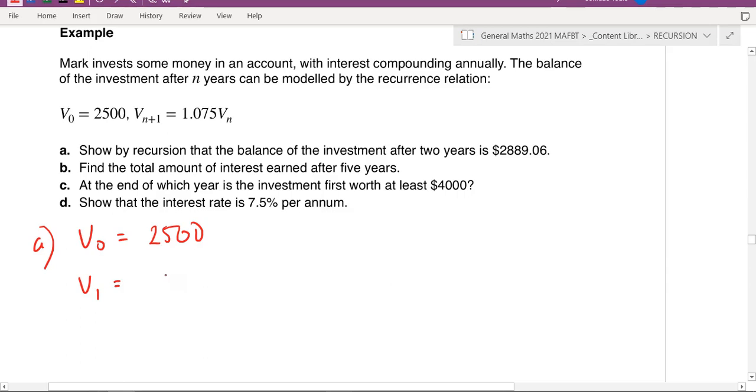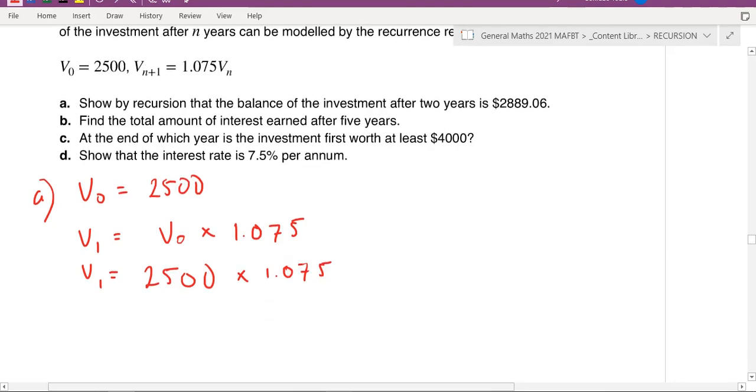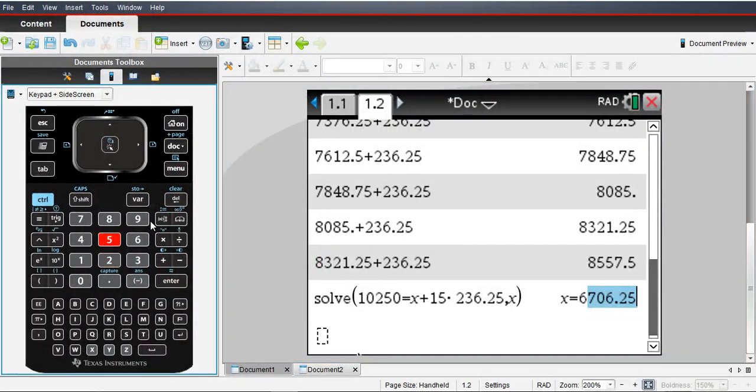V1 would be V0 times, and you can see the common ratio there is 1.075. So V1 would be equal to 2,500 times 1.075. So on my calculator, 2,500.